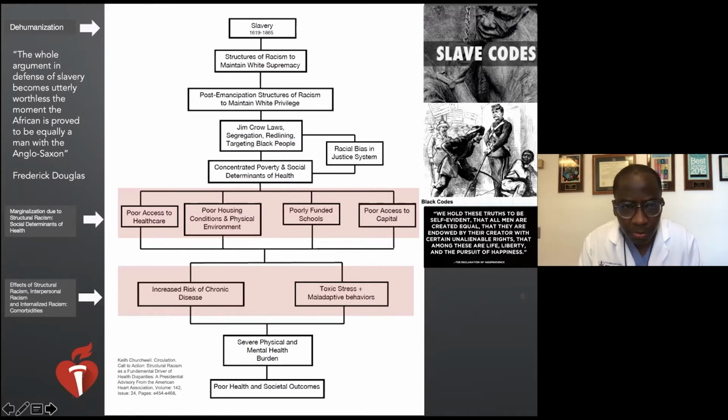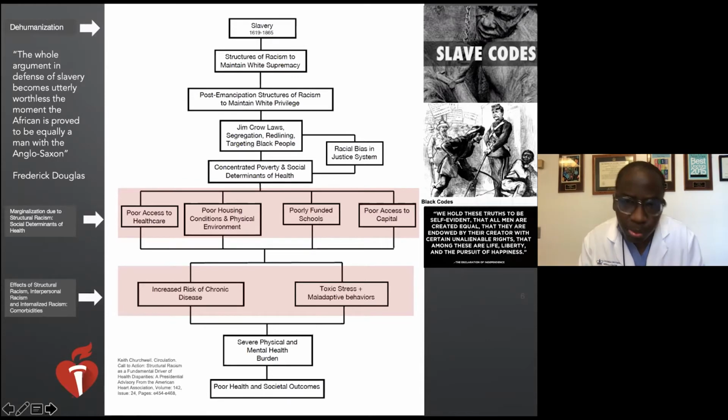But a few hundred years later, the Civil War took place, and slaves were freed, and the post-emancipation structures of racism continued. This time, the slave codes that were initially created to maintain white superiority were morphed into Black codes, which were really used to maintain white privilege.